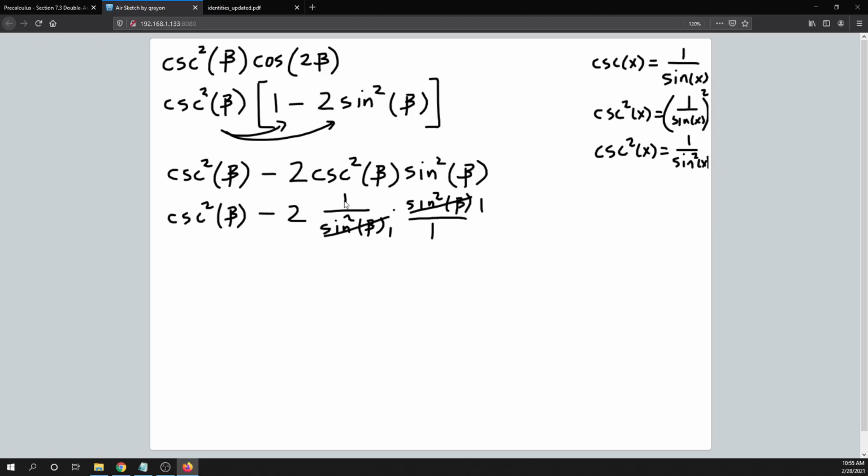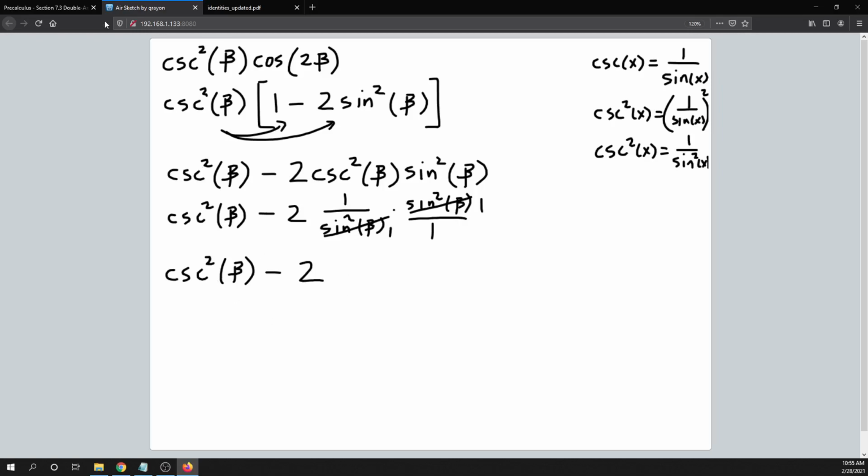What I get when I multiply these two fractions is just 1, and then 1 times 2 is 2. So you can see that greatly simplifies the expression. It's now boiled down to this.